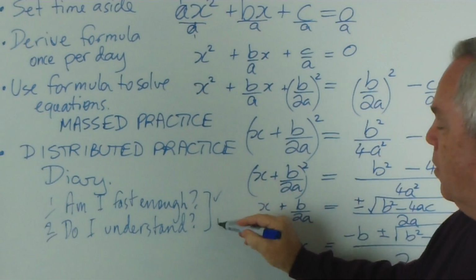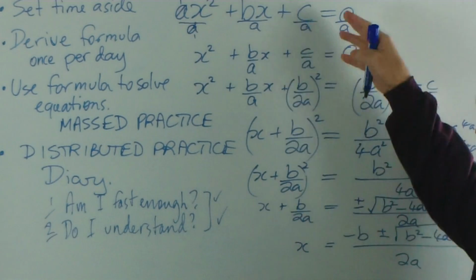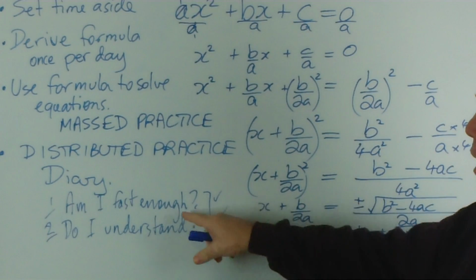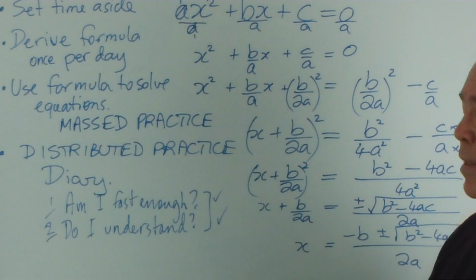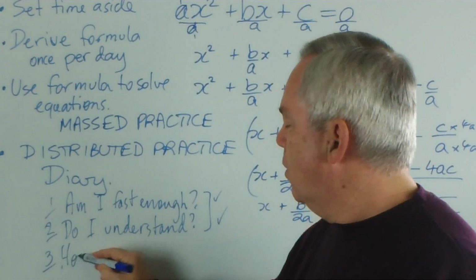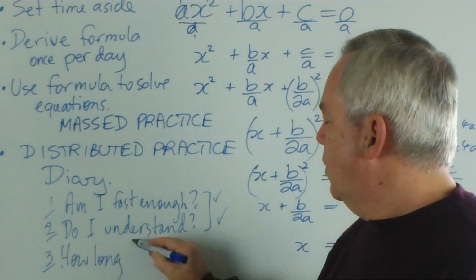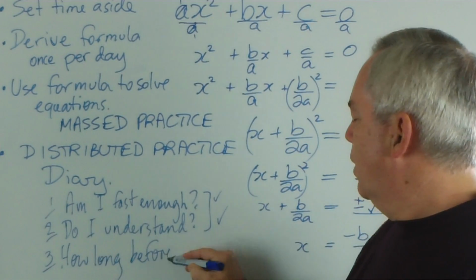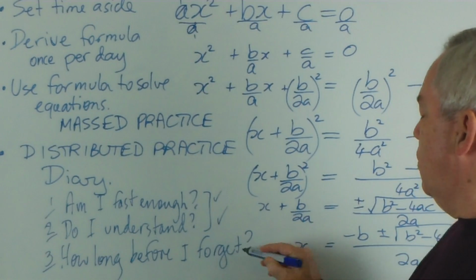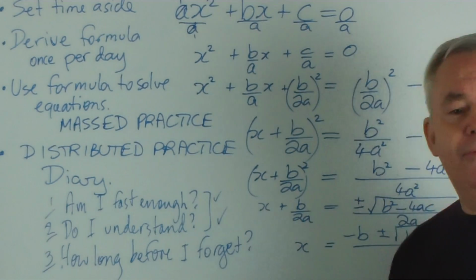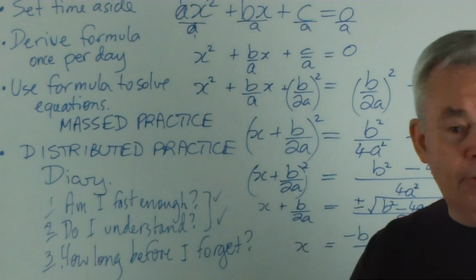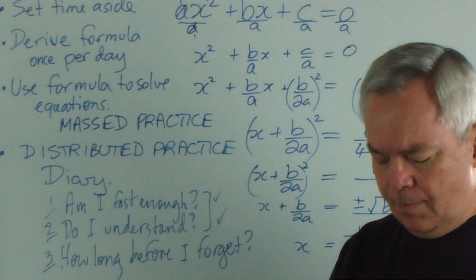When you can tick them both and say, yes, I understand how to derive the formula, I understand how to use the formula, and I'm fast enough at doing both, then you ask the 3rd question, which is how long before I forget? Because forget we do. It is very simple to forget. And if you're honest with yourself, this is a very personal question.